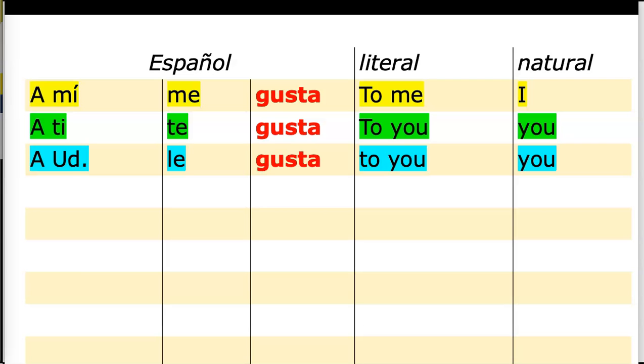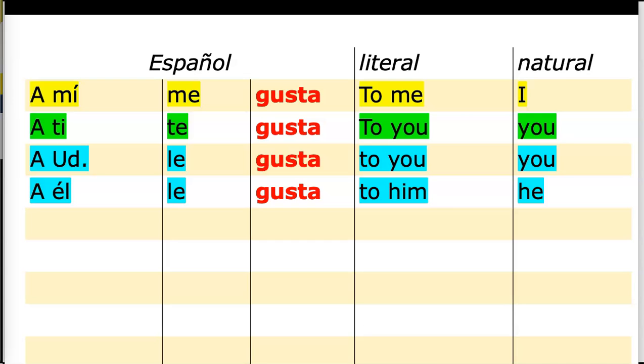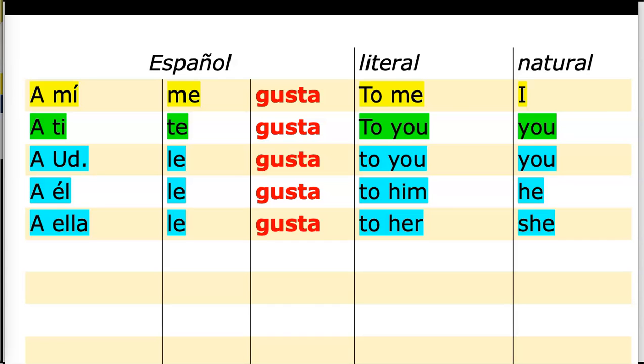A usted le gusta, to you is pleasing or you like. A él le gusta, to him is pleasing or more naturally he likes. A ella le gusta, literally to her is pleasing or more naturally she likes.